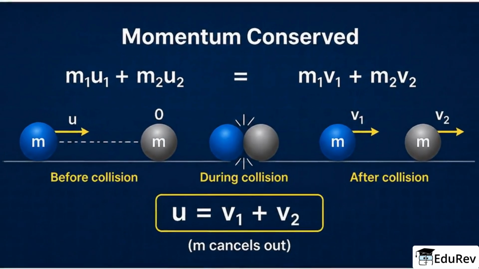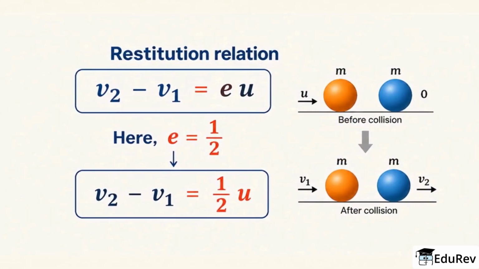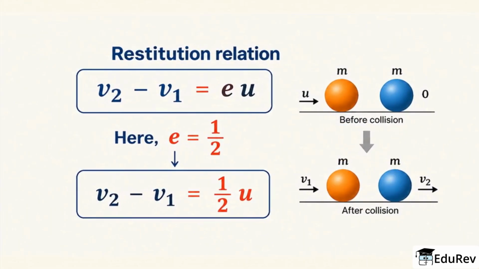Conservation of momentum gives u equals v1 plus v2 because m cancels out. The restitution relation says v2 minus v1 equals e times u, and here e equals 1/2, so v2 minus v1 equals 1/2 times u.